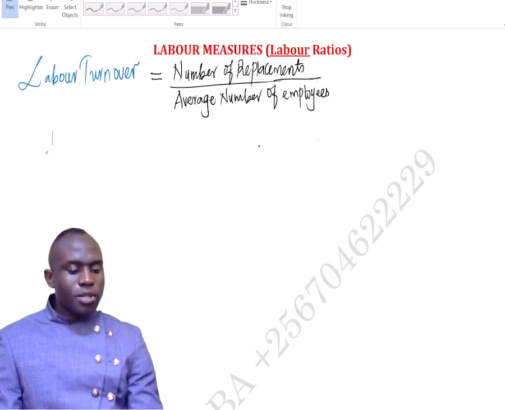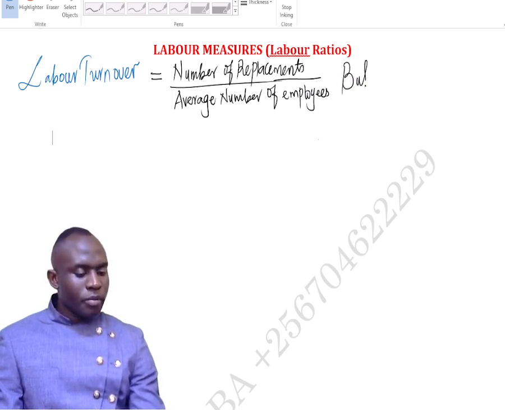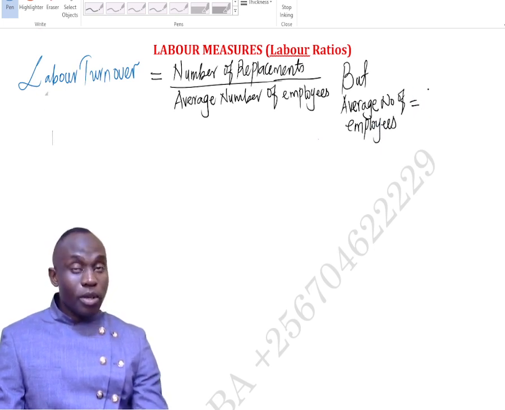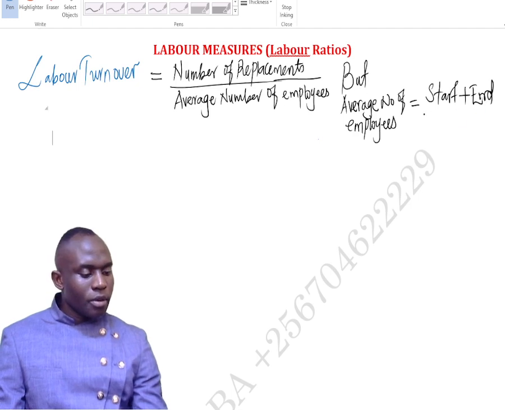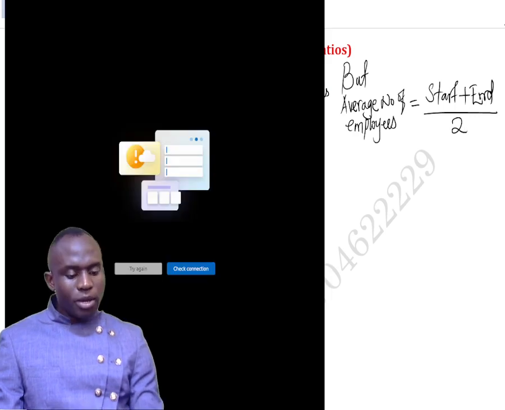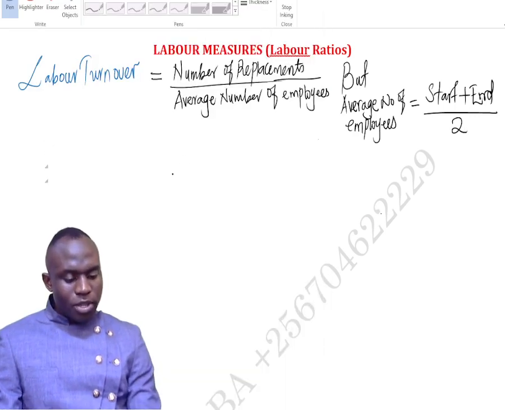But what is average? Average number of employees is given by employees at the start plus employees at the end divided by 2. But how do we get employees at the end?